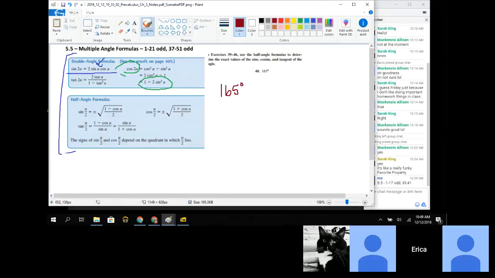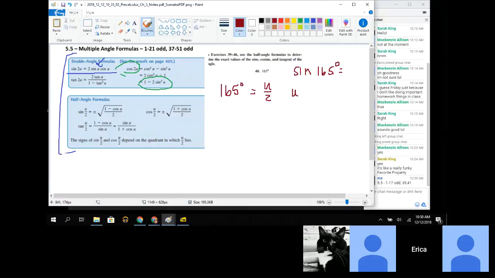Okay, so this is a little bit funky because basically what you're saying is, you want to find the sine of 165, so you want u divided by 2 to equal 165.